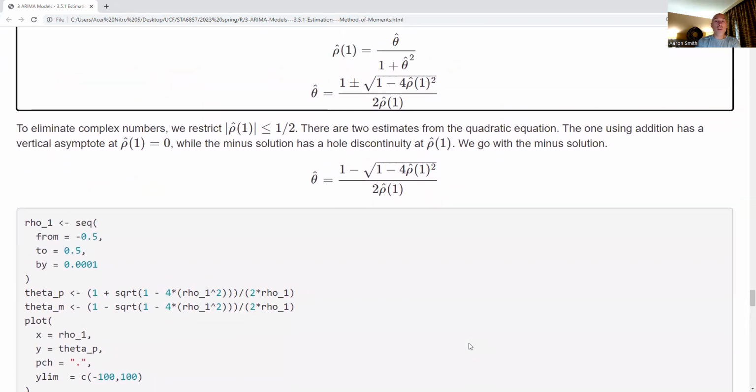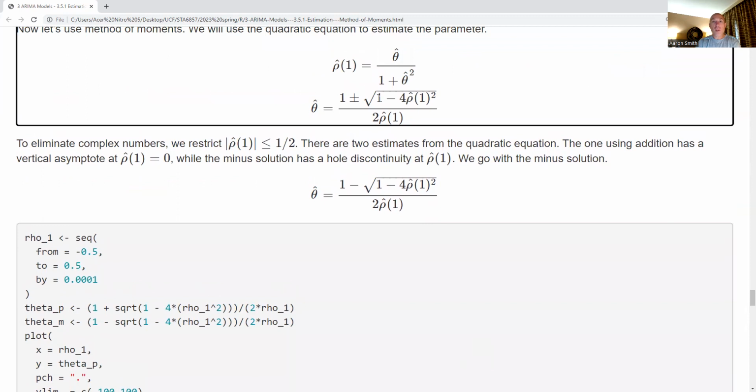All right, so now let's check out this. Look right in there. If I check that out, you'll notice that if I have an autocorrelation greater than a half in magnitude, then I'm going to get an imaginary number in this part of the quadratic equation. And so that doesn't make sense for what's going on.